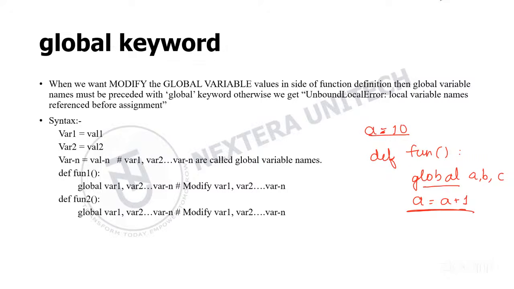So once you have declared global a here, let's say we have b as 20 and c as 30. Once you declare global a comma b comma c, this function in its entirety will take only these values, that is the global values of a, b, c. So the entire function treats a as global only.